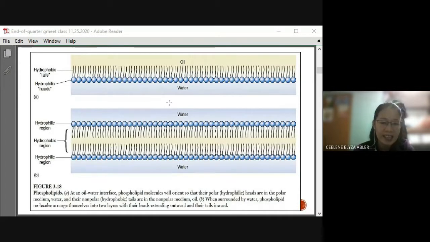So, if it's just a layer, you will notice how, ano yung kaya niyang i-repel at ano yung kaya niyang i-accept na side. Okay, so for this one, remember that this is, kanina sinabi ko, diba, that this tails, itong dalawang ito, is actually your unsaturated or saturated fatty acids. Fatty acids are monomers of your yung inyong fats or lipids.